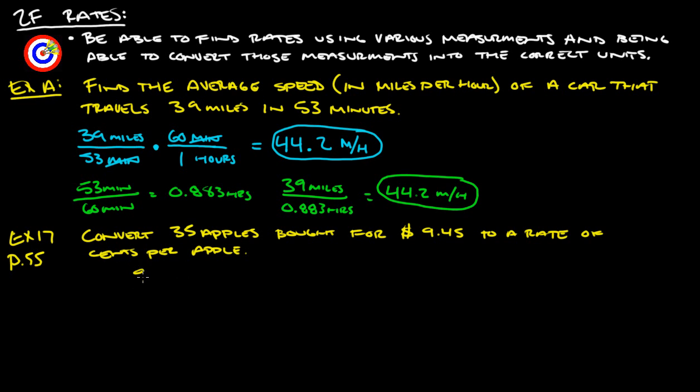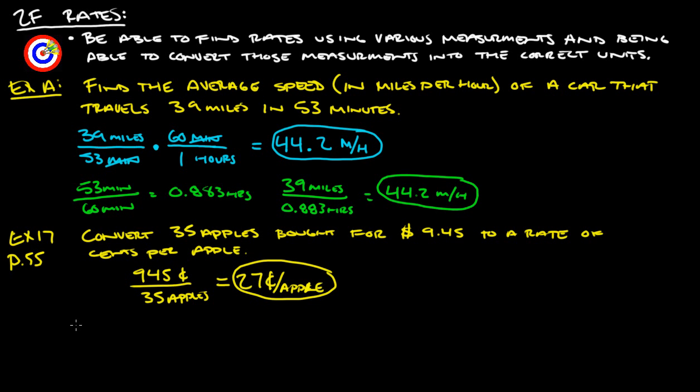The cents has to go on top, so that's 945 cents for 35 apples. If you divide that out, you get 27 cents per apple. So that's converting that to cents per apple.